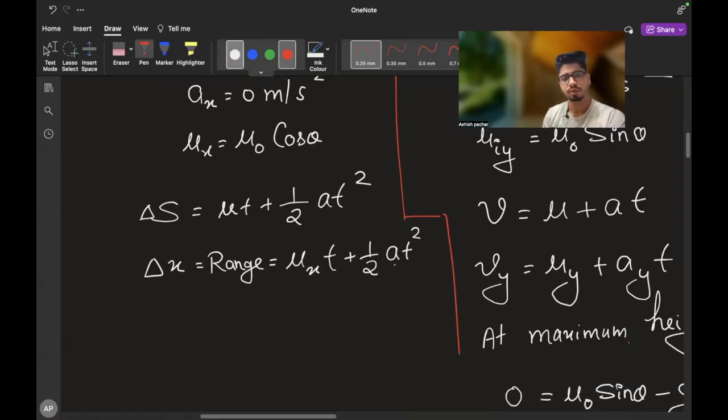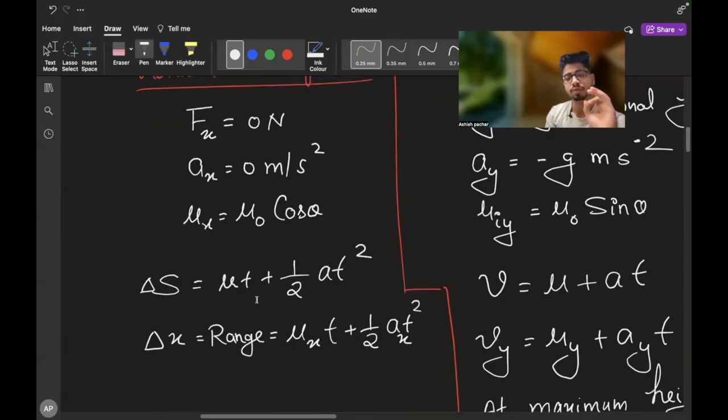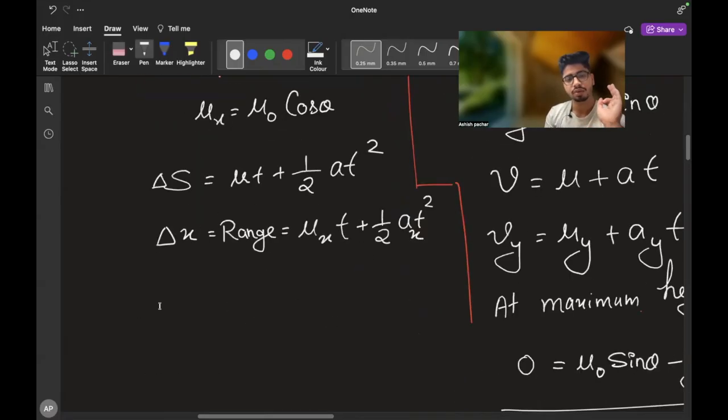So this is the horizontal acceleration. What is the horizontal acceleration? Continuously we are discussing that the horizontal acceleration is zero. So there is no acceleration in the horizontal direction. So how much does the range come out to be?